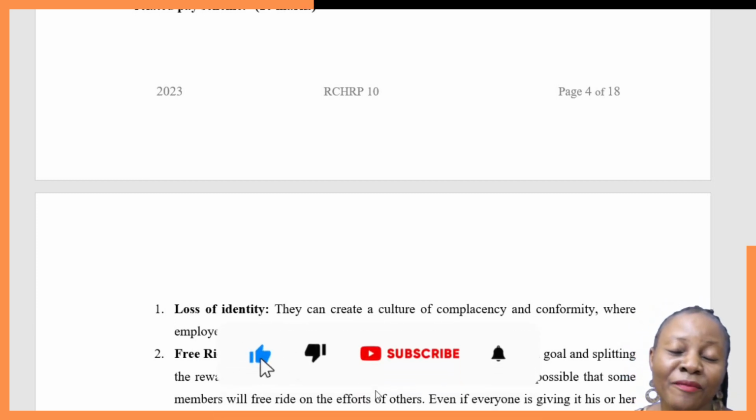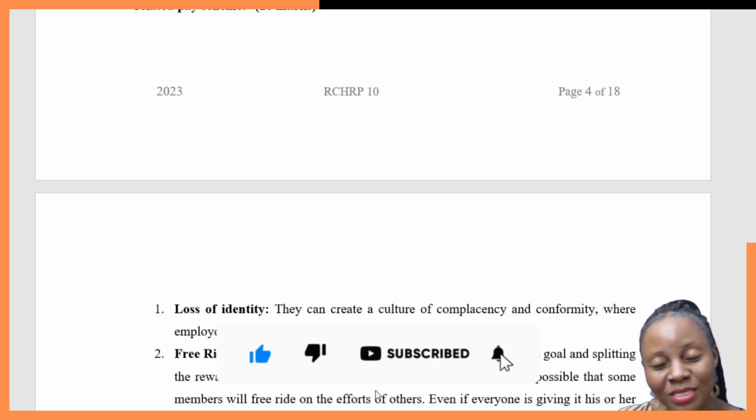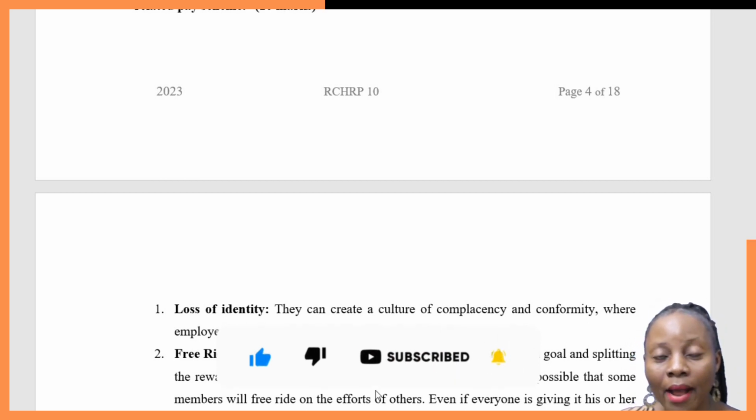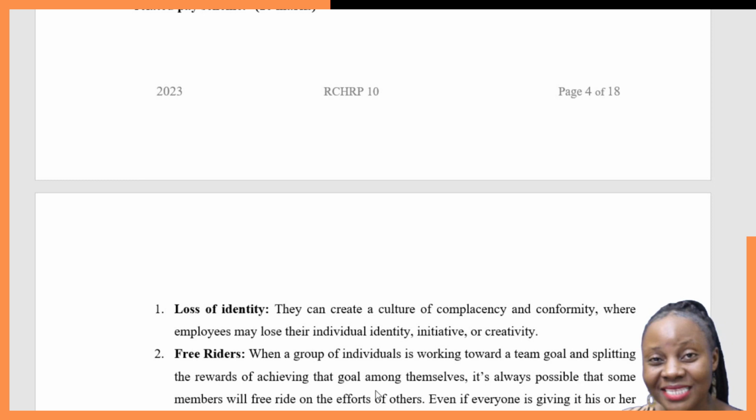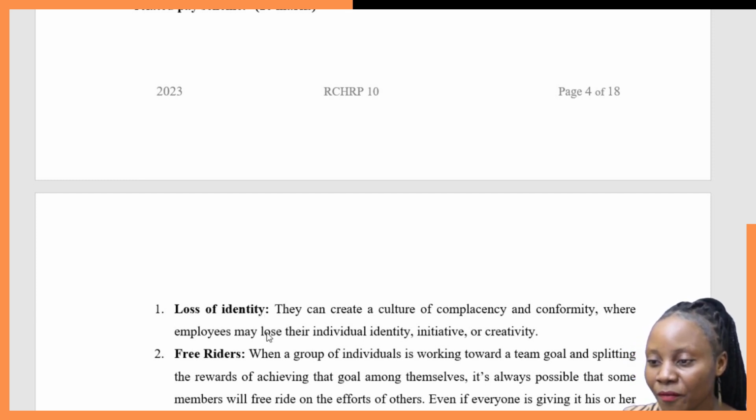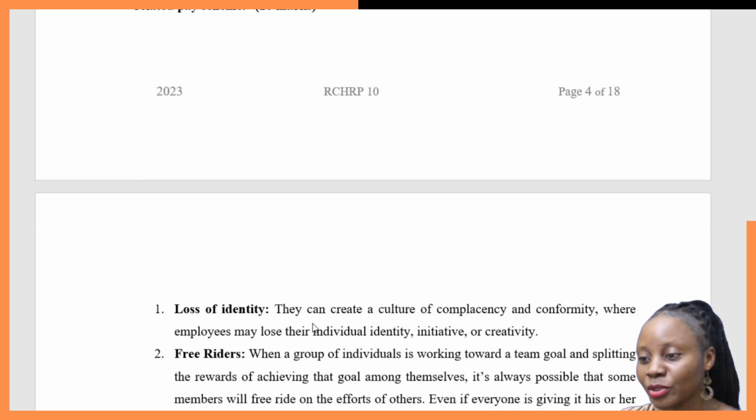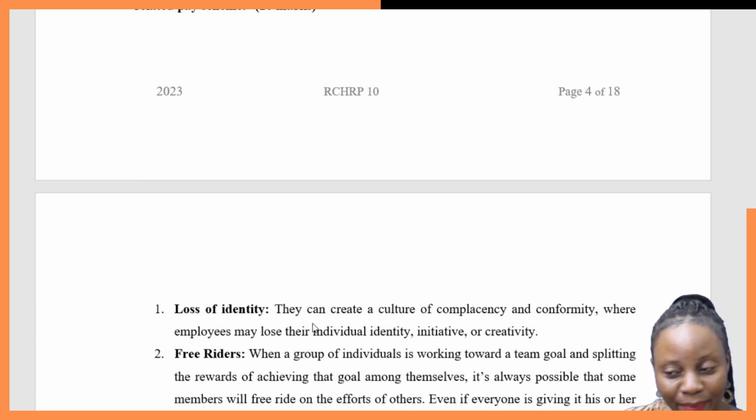People who are not working, but because the performance is group-wise, or team-based, this person ends up getting the pay, basically because the group has carried them. So there is a problem with the free riders, or what we call the joy riders, when it comes to teamwork. Those people who are not working, those people who are not committed, also get paid because they've been carried by others. That is another challenge.